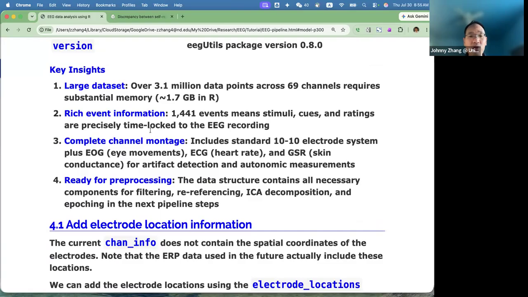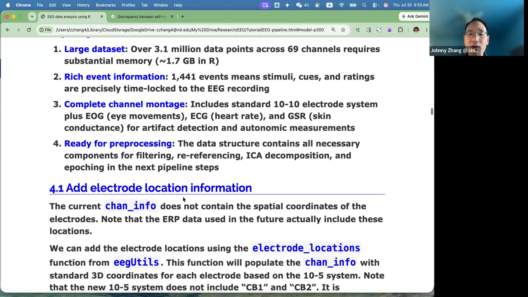But overall, we know this is quite a large data set, right? It has more than 3.1 million data points across 69 variables. And this also has a lot of event information. And the data now can be processed with R because we already have the data in R.